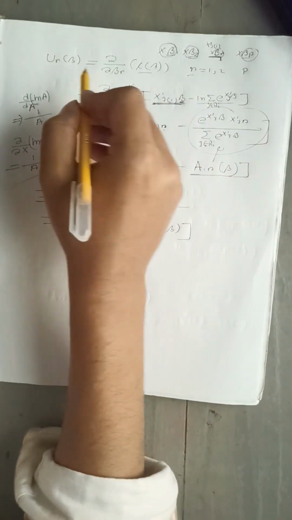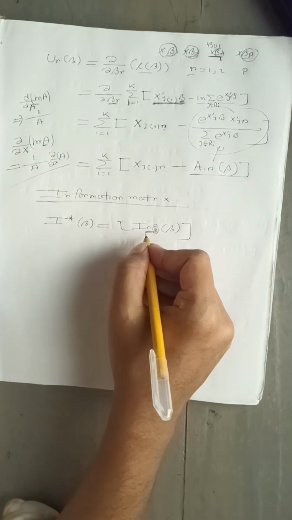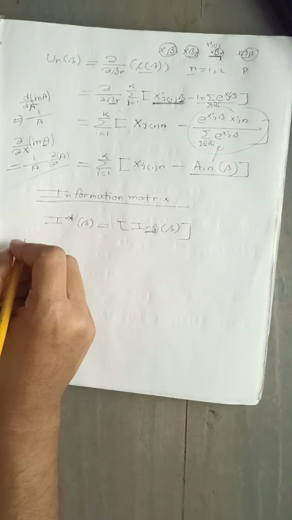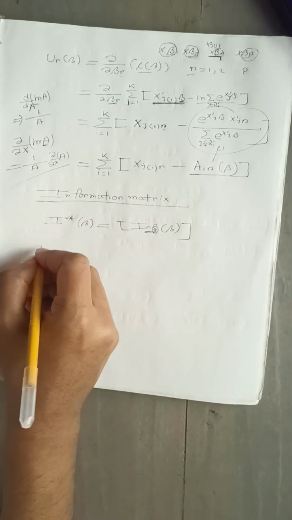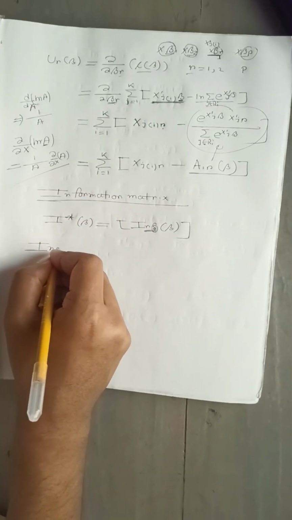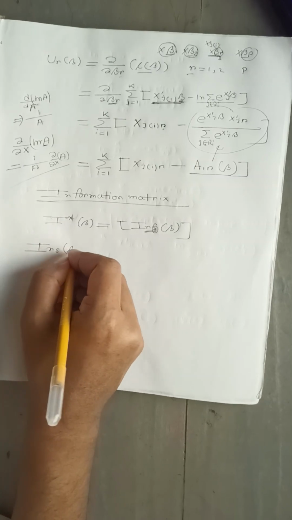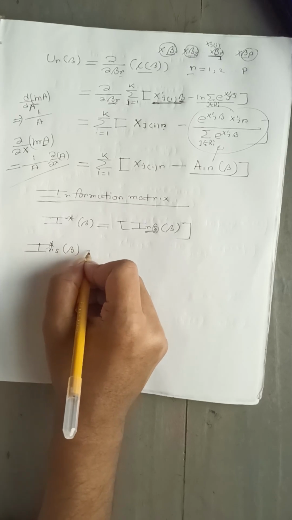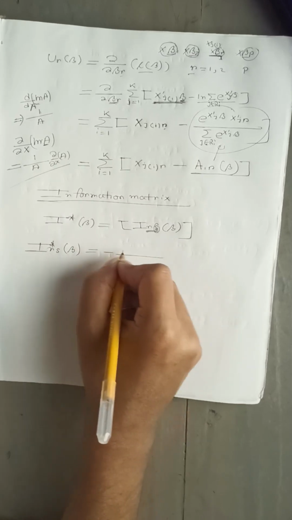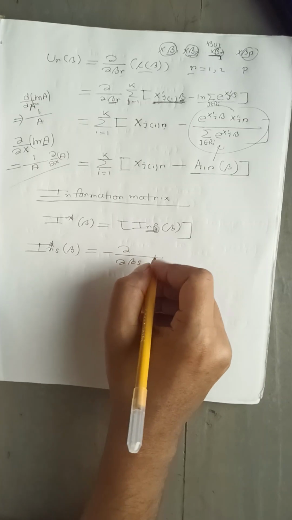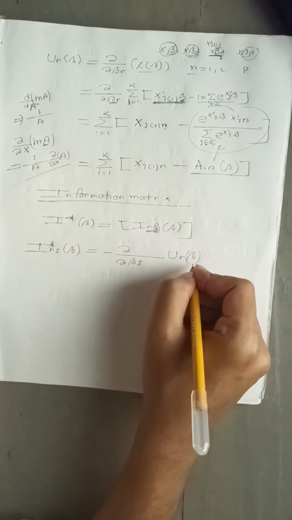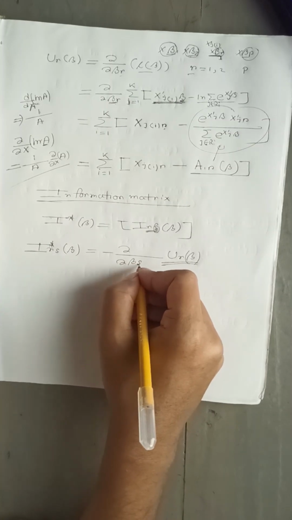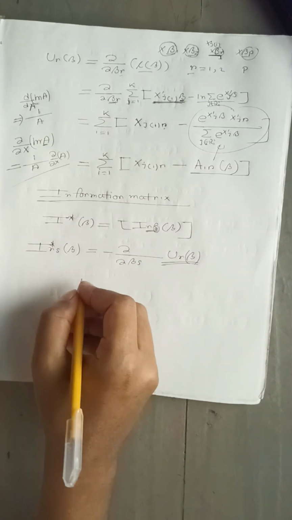Like I take the r for beta_r, now another one is beta_s. So I_rs of beta is defined as minus del by del beta_s of U_r(beta). So now I'm deriving this with respect to beta_s, another subscript.